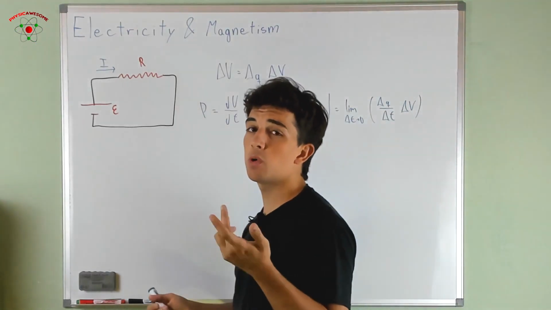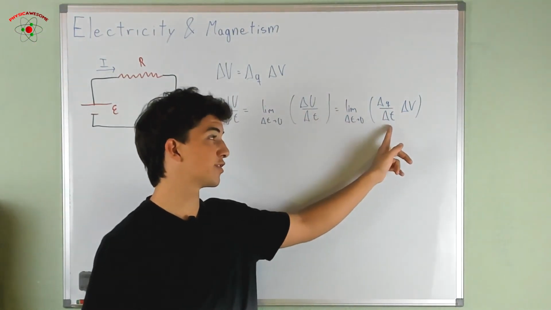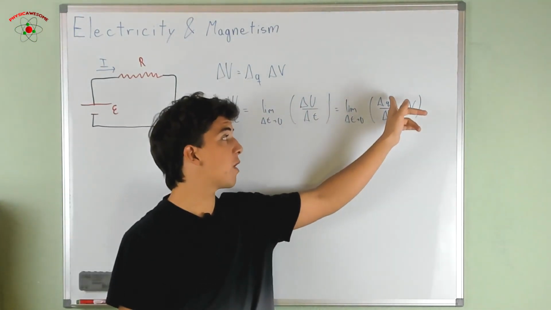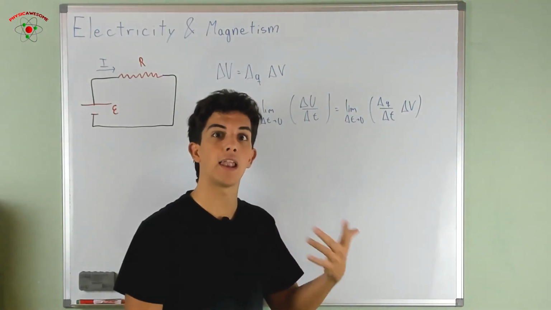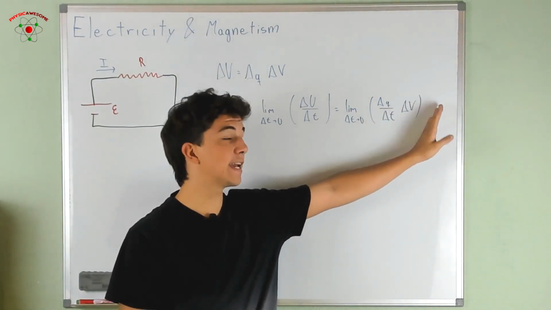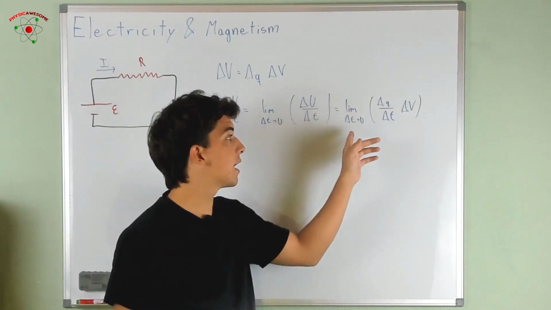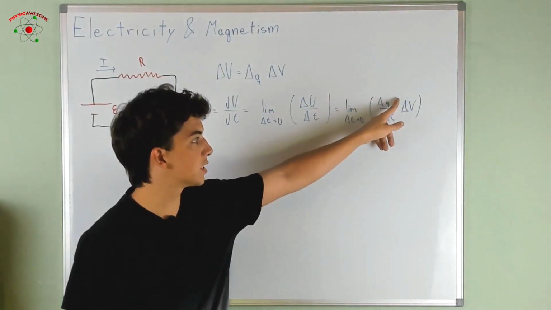In general, we're going to have that delta V doesn't depend as much on time. Even when it does change, it doesn't depend a lot. However, the delta Q does change a lot with time. Therefore, we can approximately take this delta V out of the limit, and take the limit as delta t goes to 0 only of this small part.